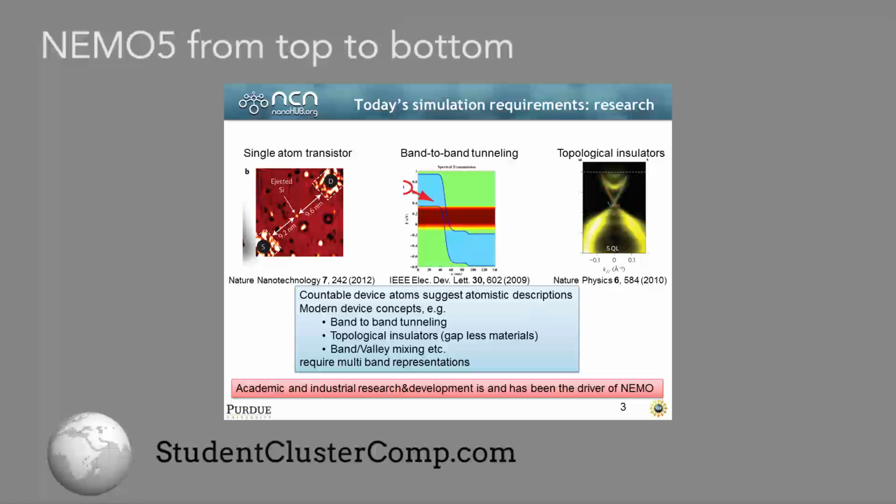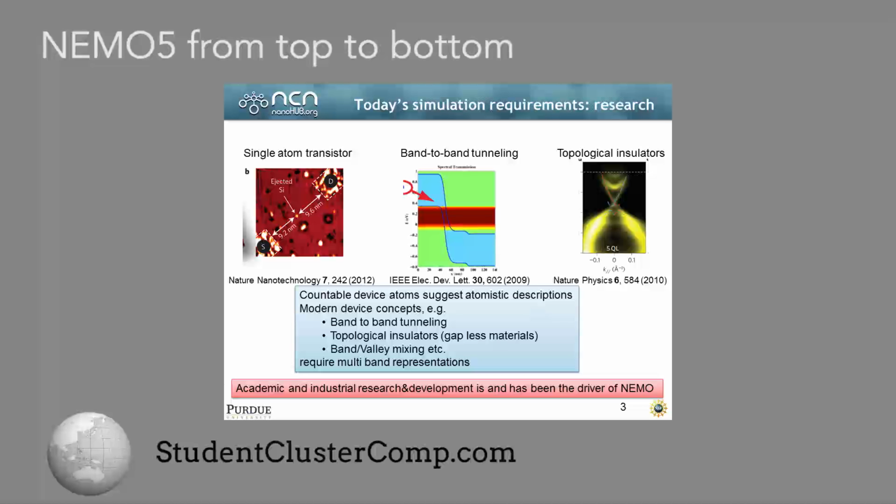Researchers are looking at, Intel's interested and other companies are interested in what they're going to be doing 5 years from now. But people are also interested in what's coming the decade beyond that. So with NEMO 5, we're able to look at more futuristic devices like you see here, this transistor, comprised of a single atom.